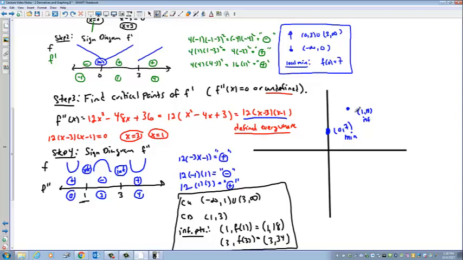And then I have one more inflection point at 3, 34. So let's just put it right over here. We'll write 3, 34. Okay, and that's an inflection point, I and F.